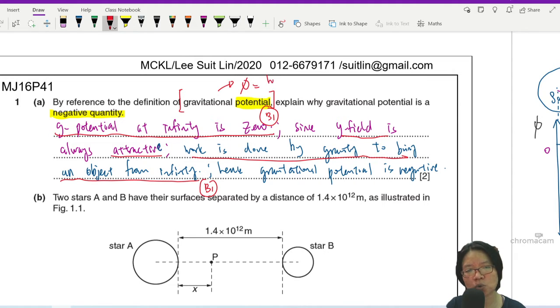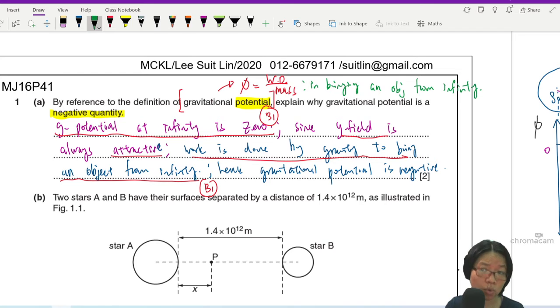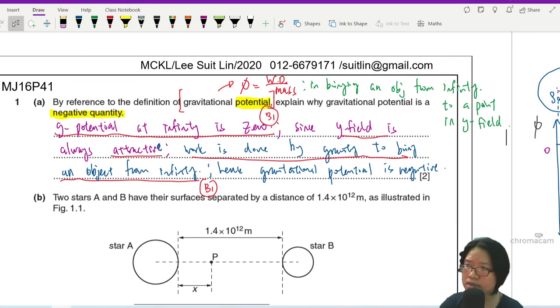Phi is work done per unit mass in bringing an object from infinity to a point in the gravitational field. So please be familiar with the terms. Take some time to think about why it is always negative.